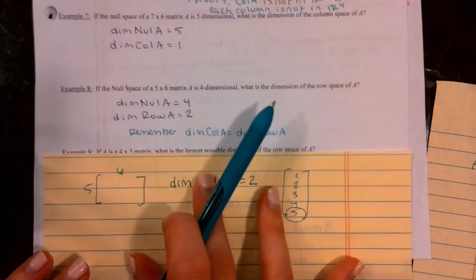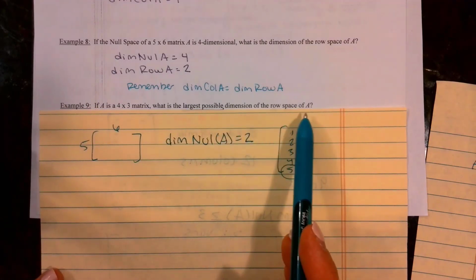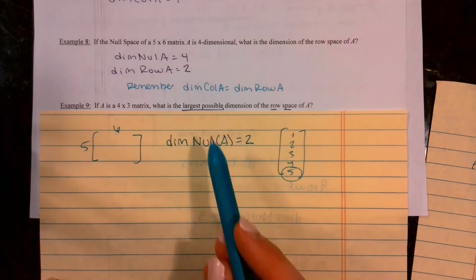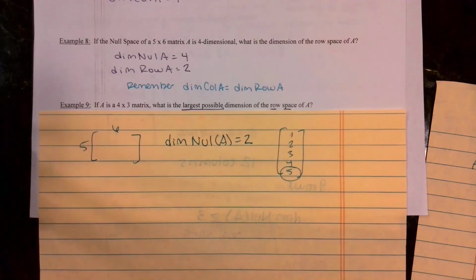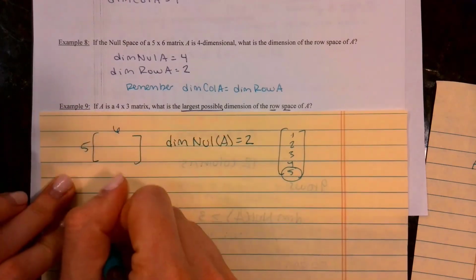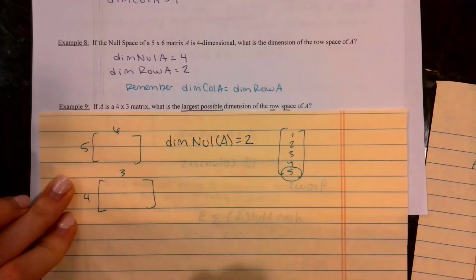Okay, and last one. If A is 4 by 3, what is the largest possible dimension of the row space? The largest possible dimension means the least number of free variables, the most number of pivots. So I have a 4 by 3 matrix.